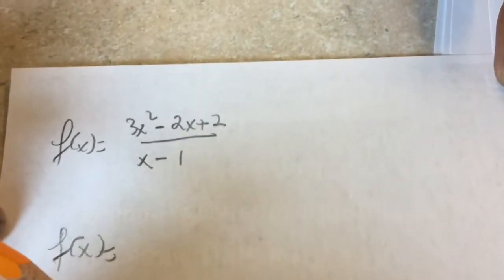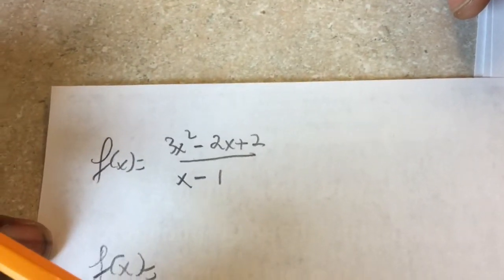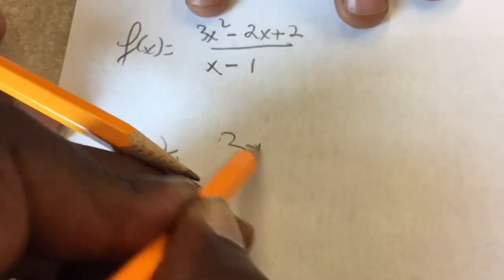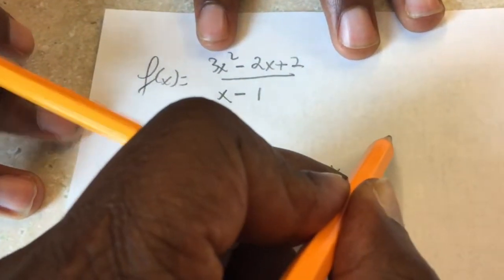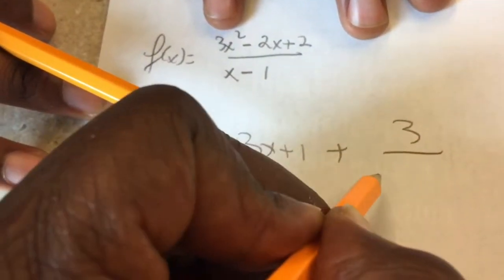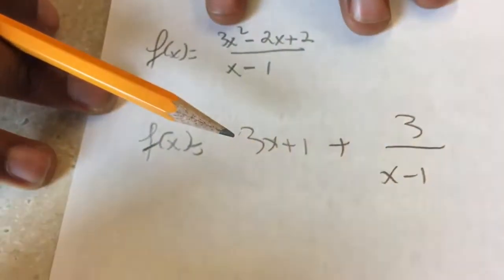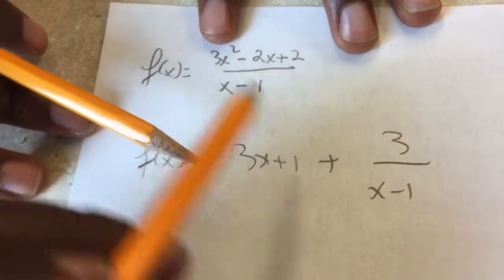Okay, f of x. So first thing we need is the asymptote, correct? The asymptote is 3x plus 1, so it's going to be 3x plus 1. And then the remainder, plus, what was the remainder? Plus 3 over the denominator, x minus 1. And this is how this function decomposed would look.